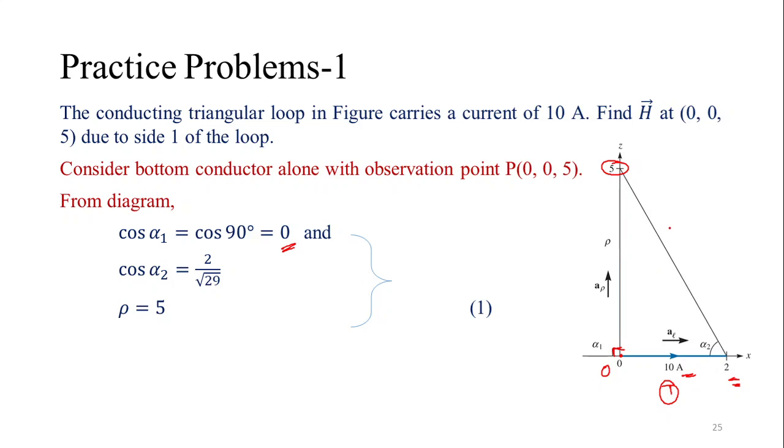Taking it as x, that is square root of 5 squared plus 2 squared, that is square root of 25 plus 4, so square root of 29. So cos alpha 2 is 2 by square root of 29, and rho is 5 here.